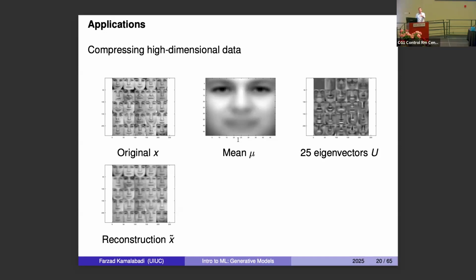Exactly. So one has to find the coefficients of that decomposition, the coefficient parameters or eigenvalues, is what we're talking about, right?